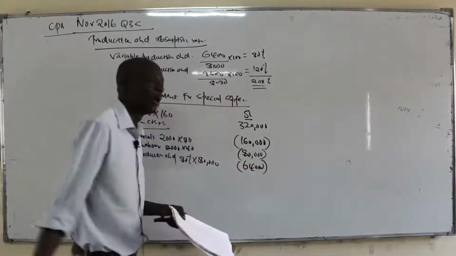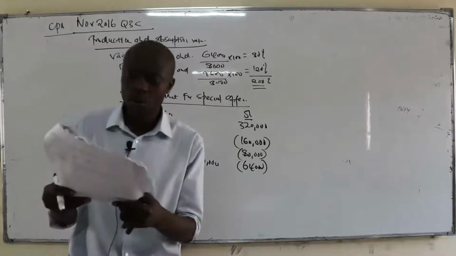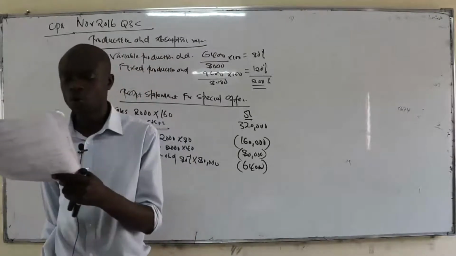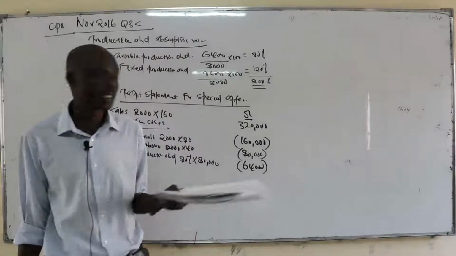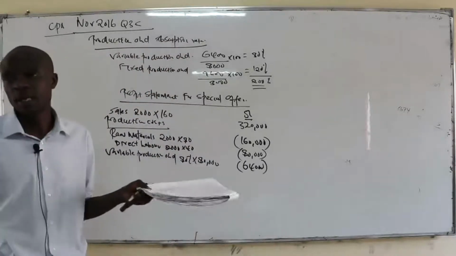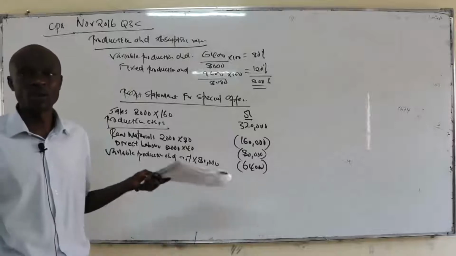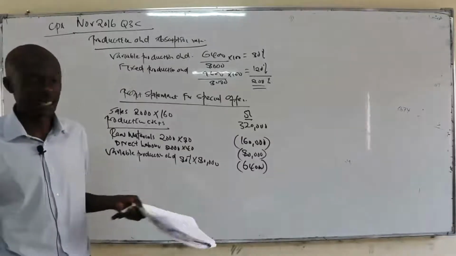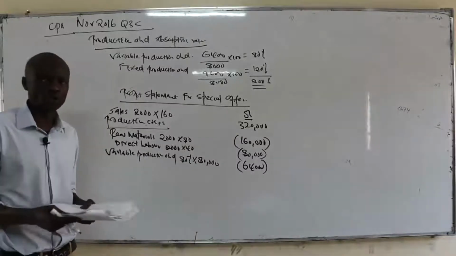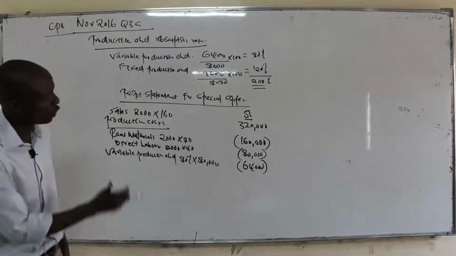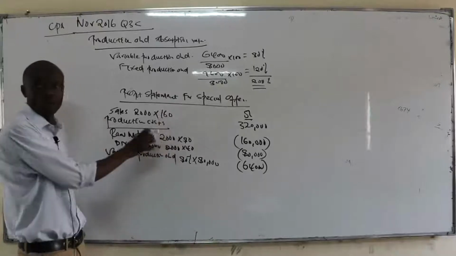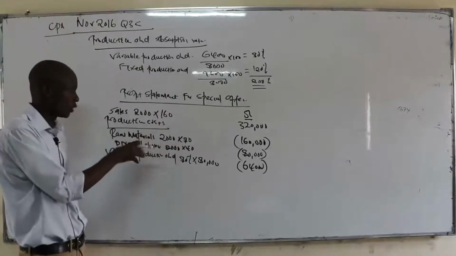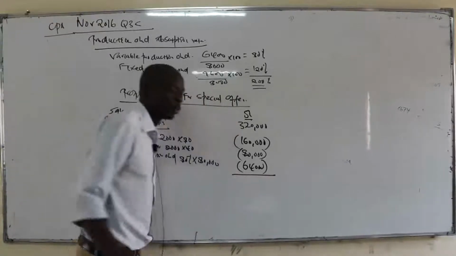Remember, we have also been told that the fixed production cost will not be affected. In other words, they are not relevant as far as this analysis is concerned. Fixed cost, those ones you still incur irrespective of whether you take this decision or not. So you only consider the variable production overheads. We call them marginal cost of production here.